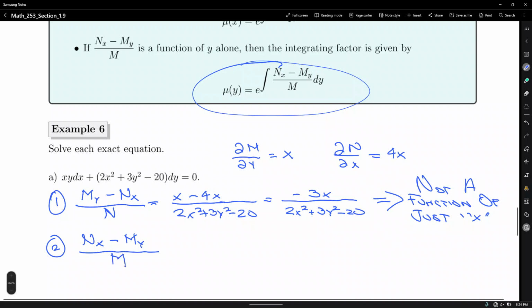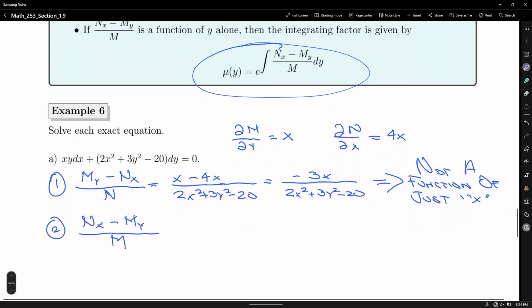Well, the mixed partials are the same, so that's going to be this time 4x minus x, divided by xy. Is 4x minus x equal to 3x? Divided by xy, is that equal to 3 over y? Yes! Hell yes. This is a function of just y.